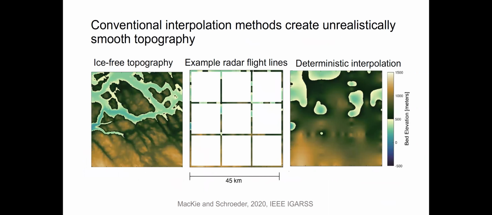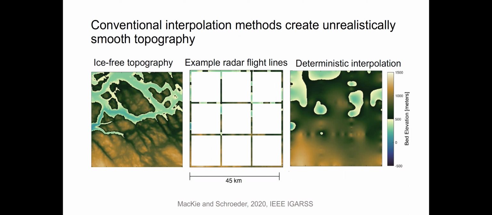Conventional approaches to interpolating these line measurements are deterministic, so they're designed to optimize accuracy. This is an example of ice-free land, where I pulled out some lines to represent a radar survey, and then I applied a more traditional interpolation method to these lines, and this is what we get. So this is the kind of information that we use in ice sheet models, even if the real topography looks something like this.